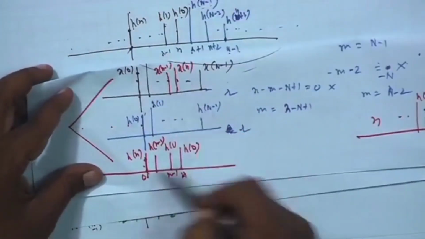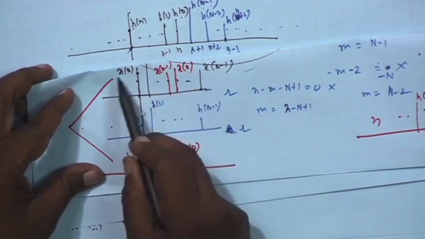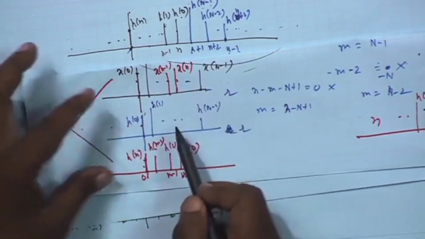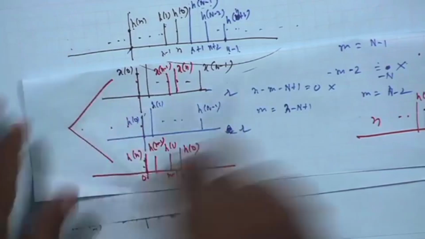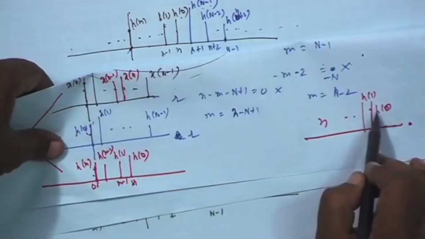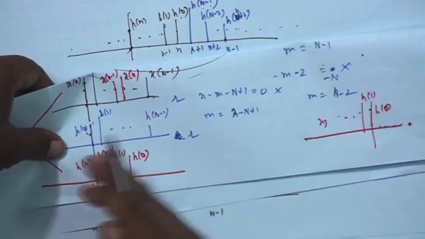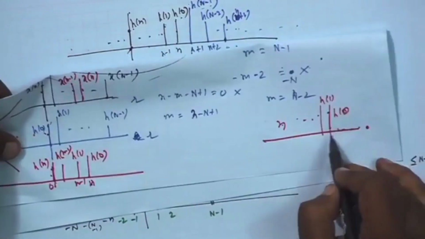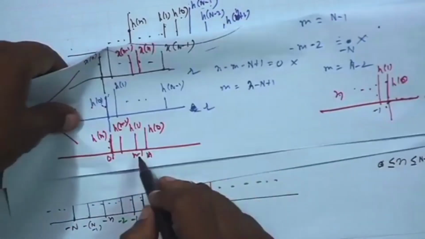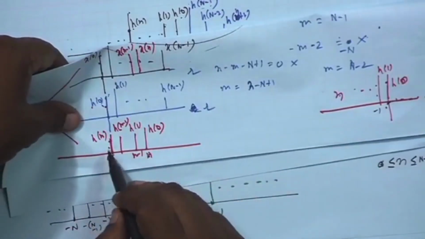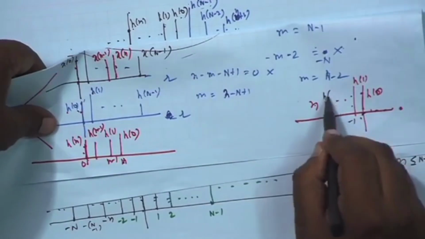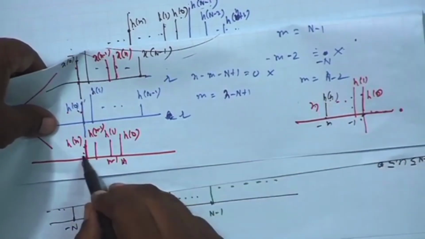If you are doing linear convolution, the x n sequence was plotted, the H sequence was plotted, then flipped. Flipped means H 0 here, then H 1, H 2. If you shift it to the right by n, H 0 from the 0th location goes to the nth location, H 1 from the minus 1th location goes to the n minus 1th location, and H n from the minus nth location goes to the 0th location.